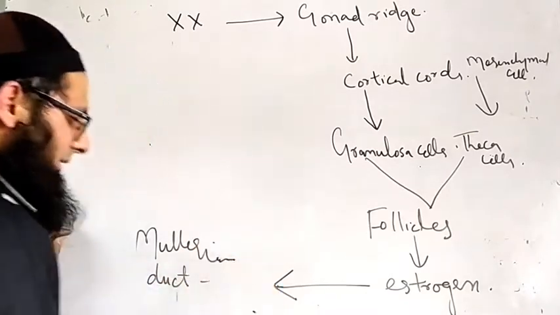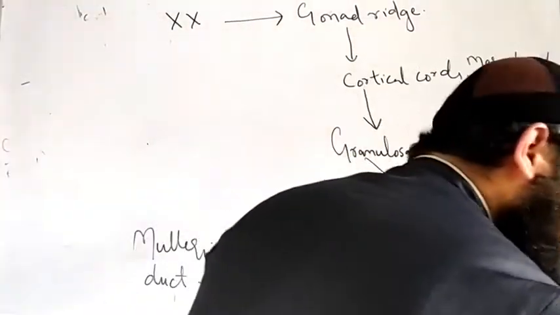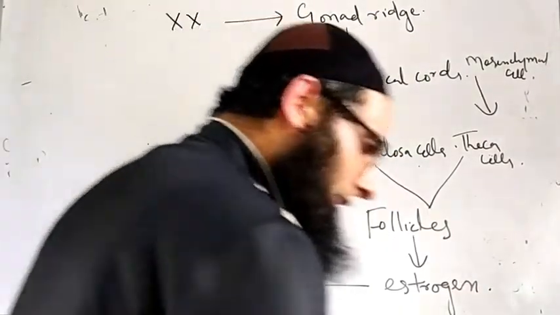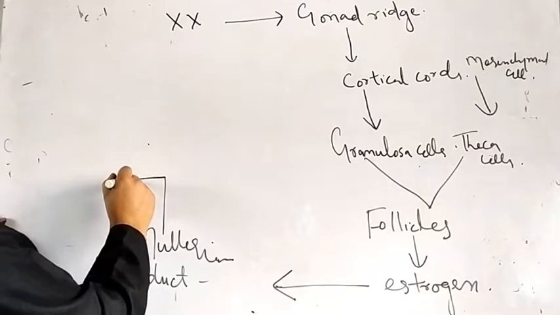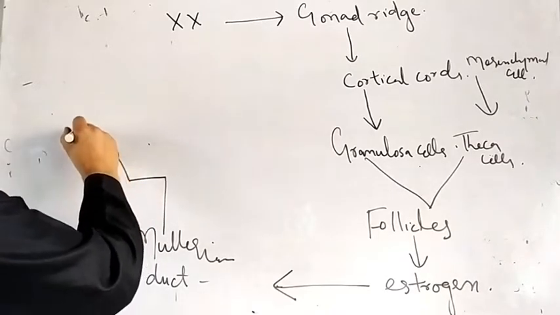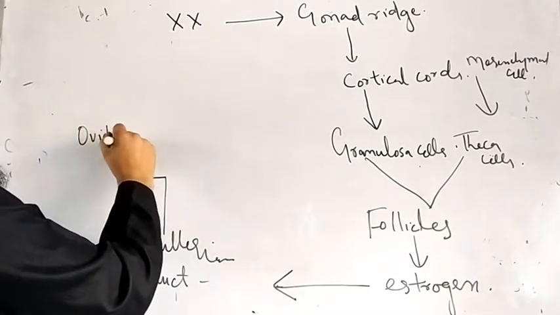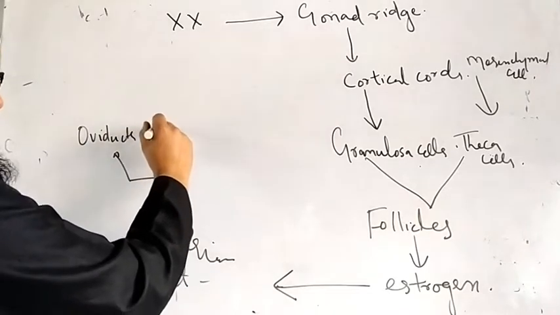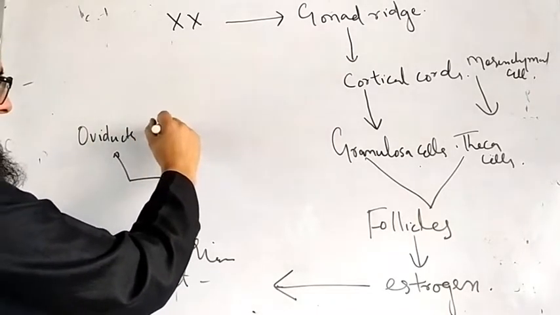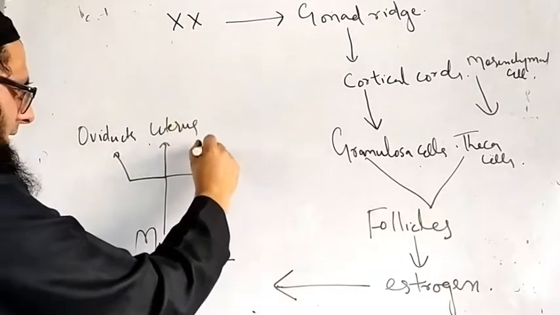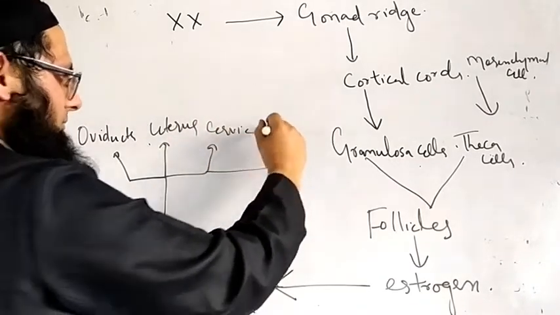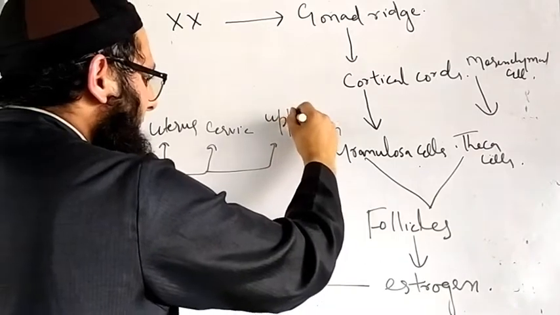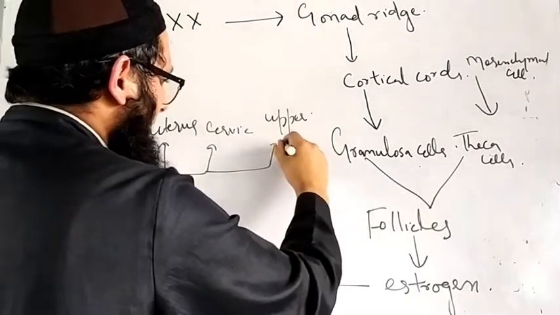this Mullerian duct will be differentiated. The Mullerian duct will be differentiated into what? Into oviducts, uterus, similarly cervix, and upper vagina.